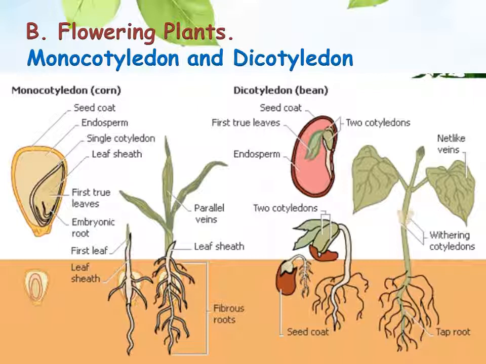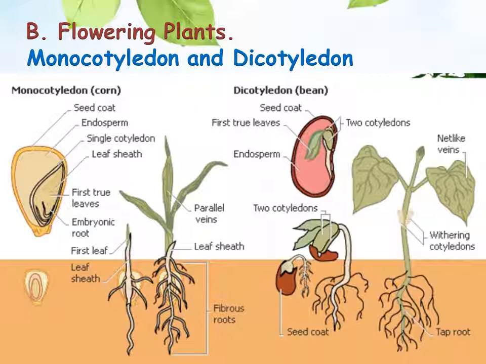The next is endosperm. Endosperm is also present in the bean. Next, here's the difference: a single cotyledon, only one. The dicotyledon is not single, it's a double cotyledon.